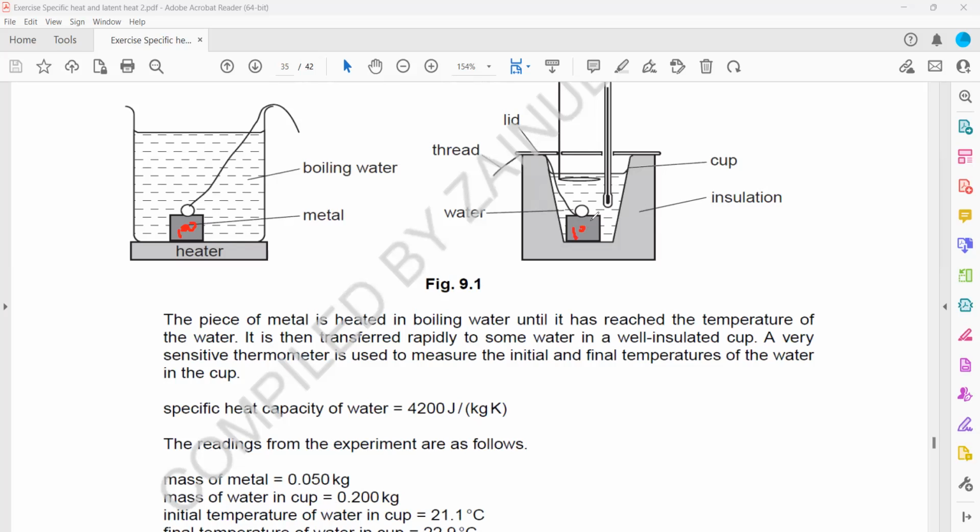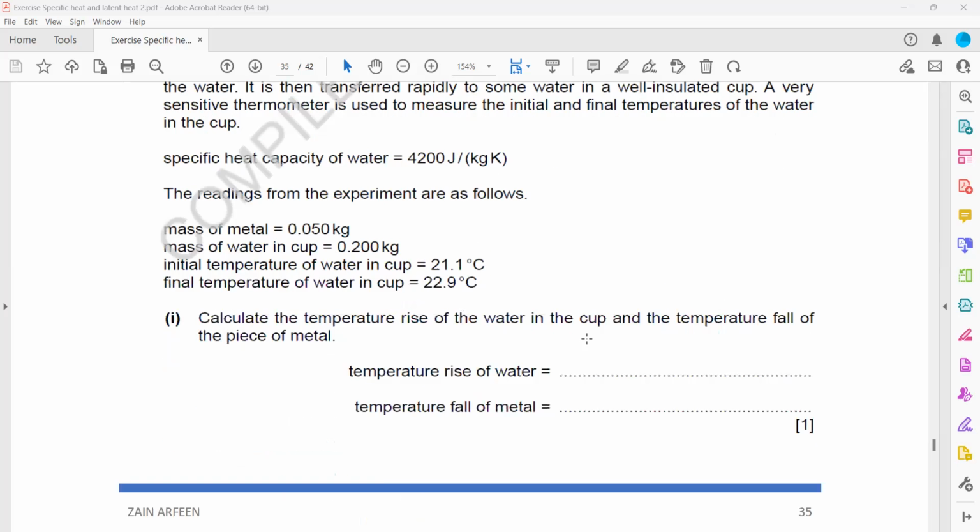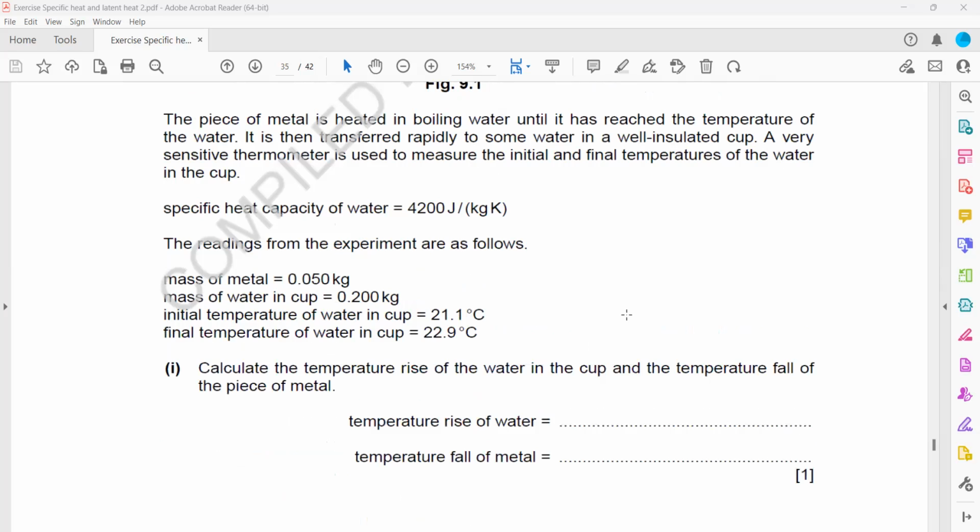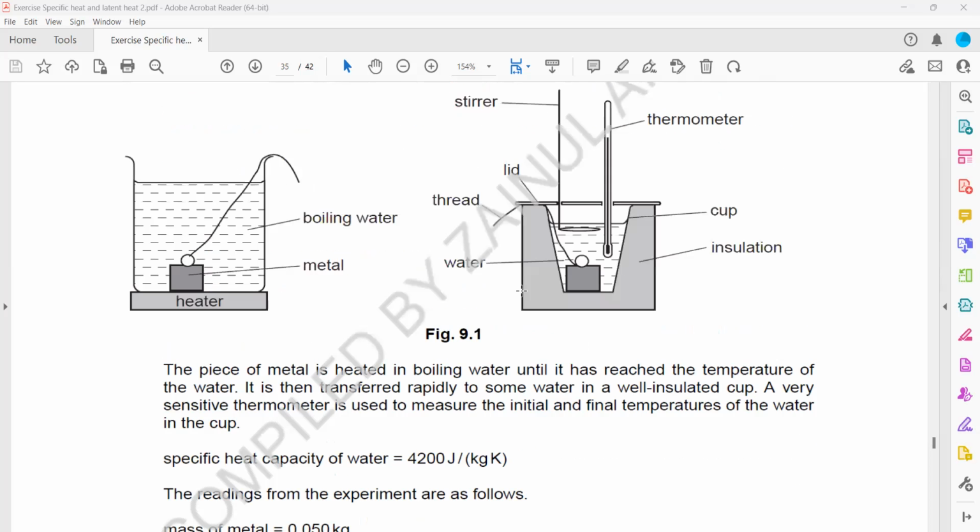When we place this metal, it's at 100 and it loses energy to the water. The temperature rises for the water and falls for the metal. Because they mention it's boiling water, what is the temperature of boiling water? It is 100.